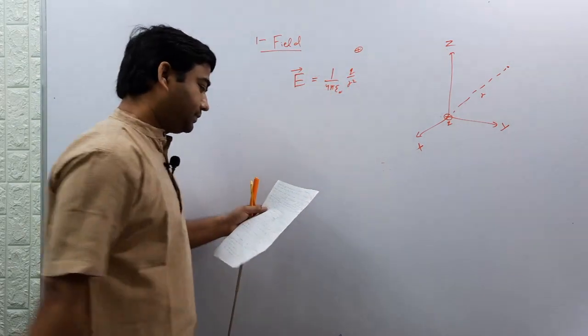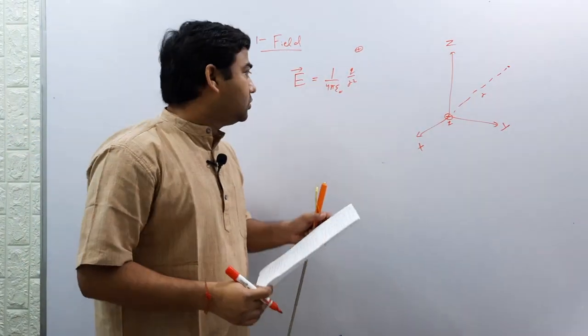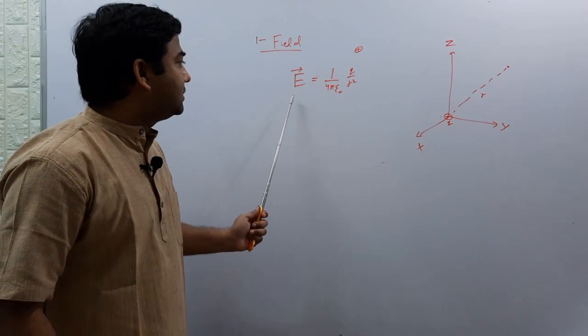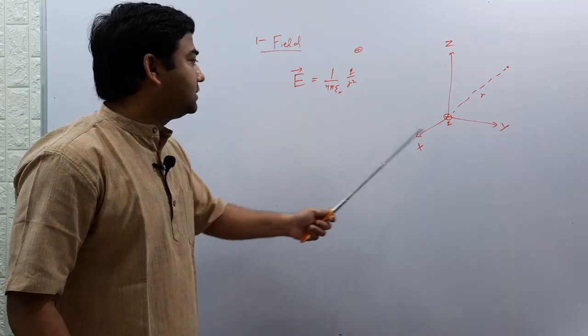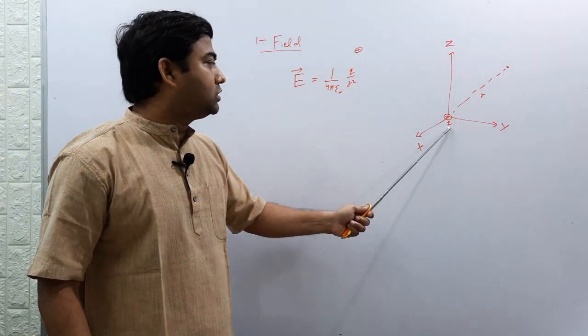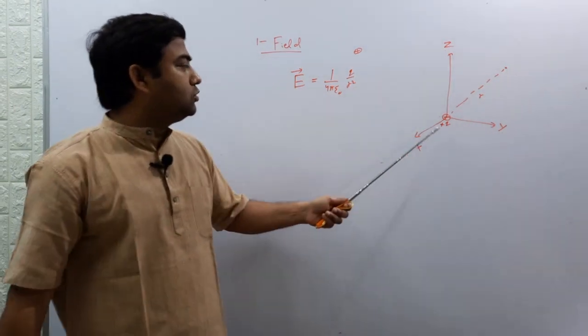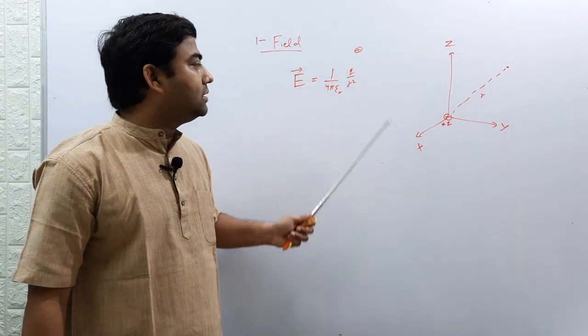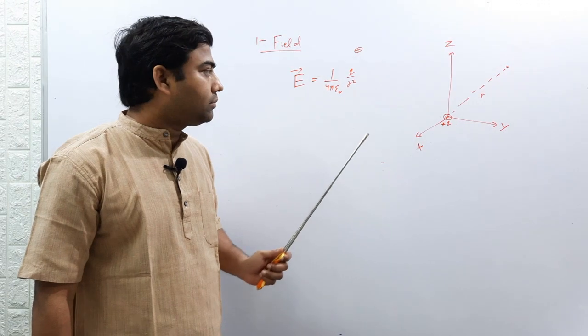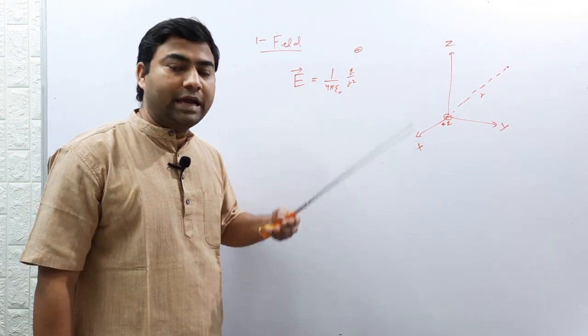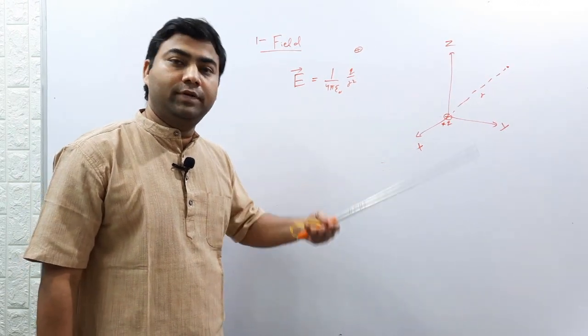That is Coulomb's law. You know this is Coulomb's law. So this plus Q charge will generate an electric field, and this field can be represented by a function.